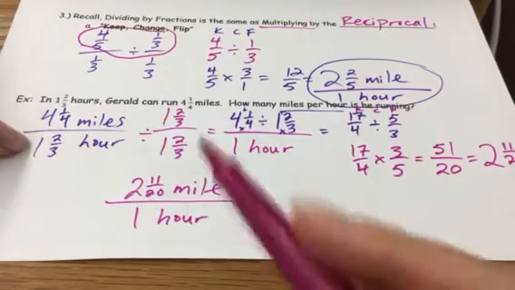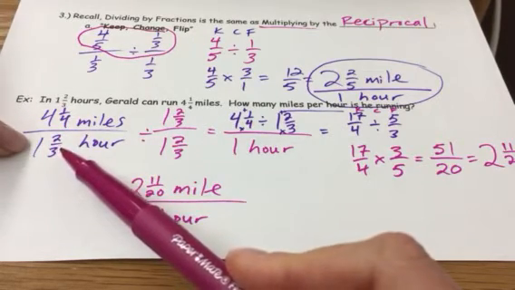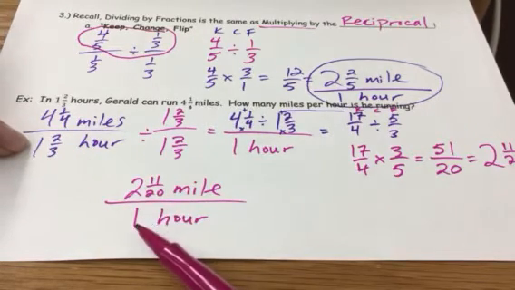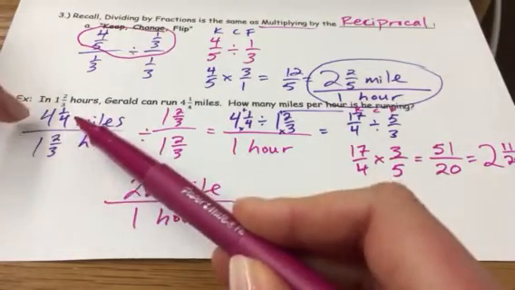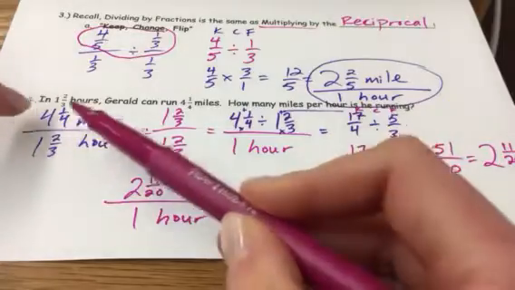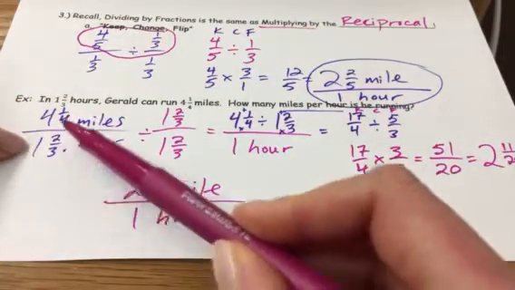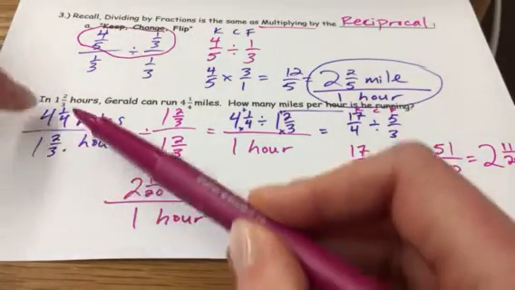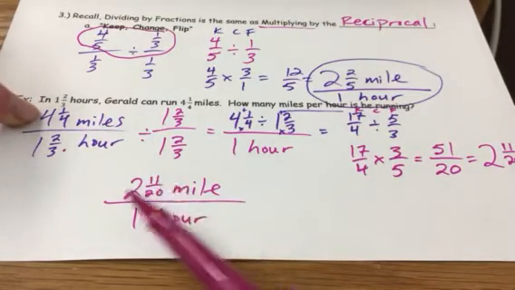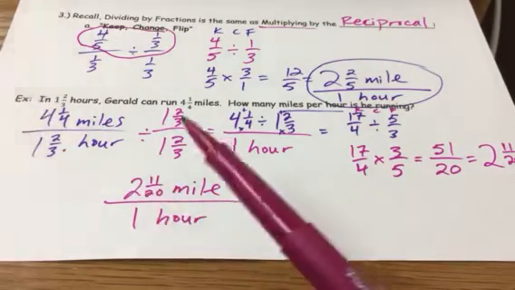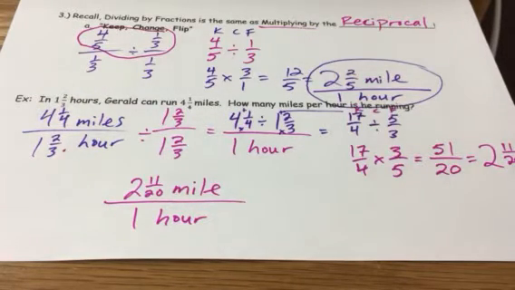This was an hour. This was close to 2 hours, so close to double what we were trying to figure out. Close to double the amount was 4 1/4. So if we're looking for just 1 hour, which is about half of this, then my distance should be about half. That's close enough to half that I'm feeling like, okay, this does make sense.